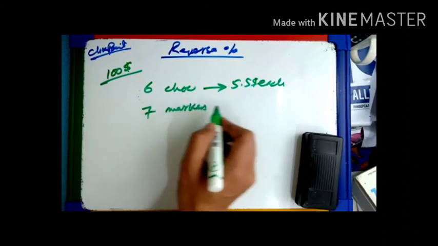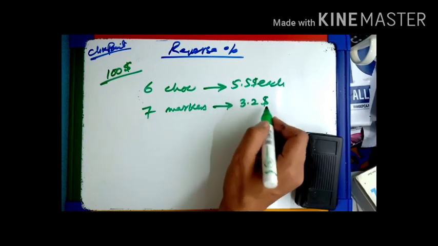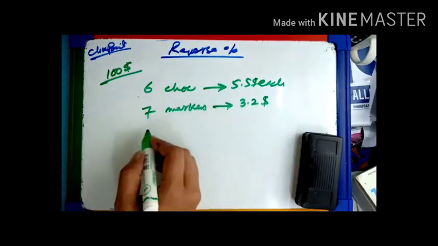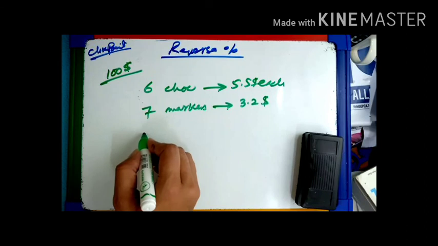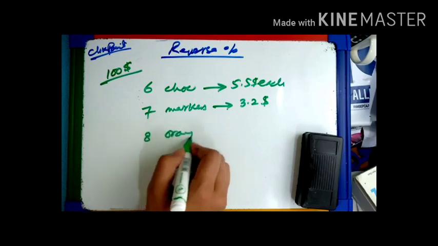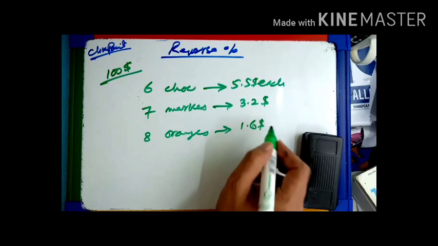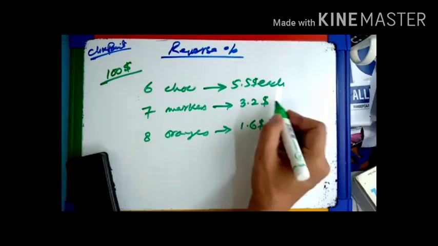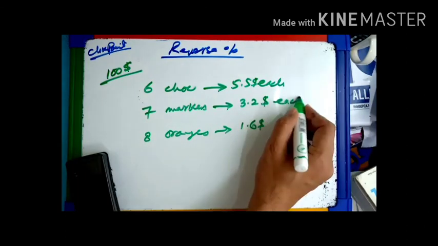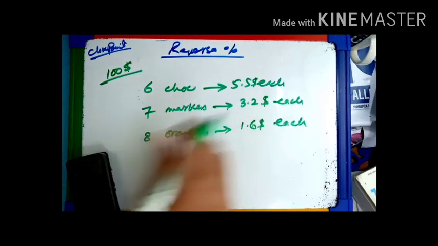Each costs $3.2. And you buy some fruits, 8 oranges. The oranges cost $1.6 each. And you have a $100 note.